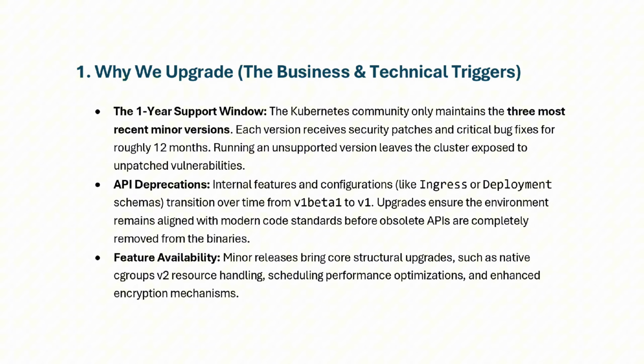Second, internal features and configurations such as ingress, deployment, or other schemas transition over time, for example from version v1beta1 to v1. So upgrading ensures the environment remains aligned with modern code standards before obsolete APIs are completely removed from the binaries.